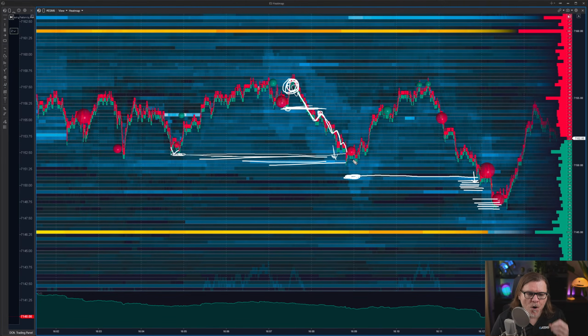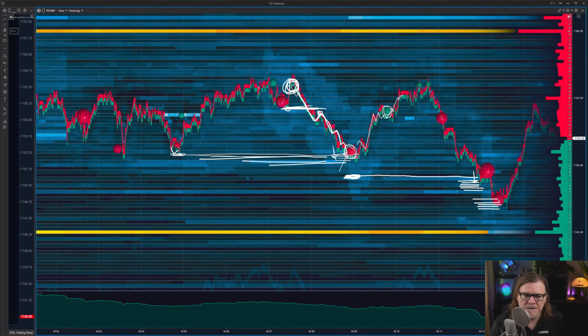Because it's so obvious that a biggest whale may come and absorb your orders to get filled. And what happened? There was this red bubble, and you see it changed the trend.